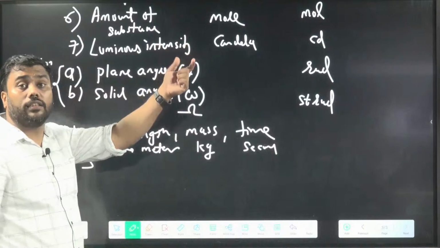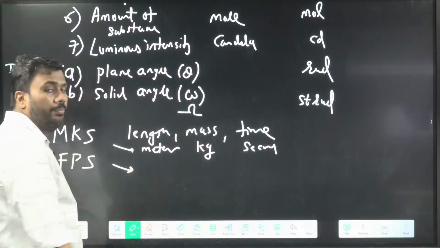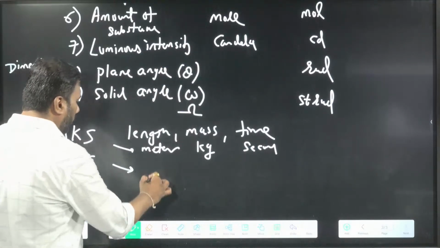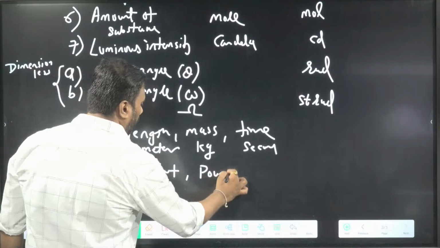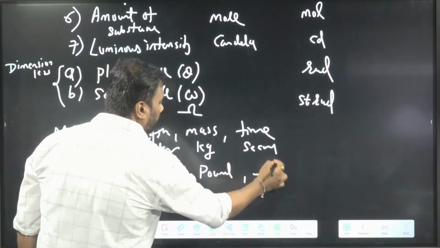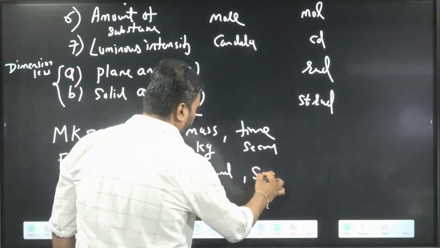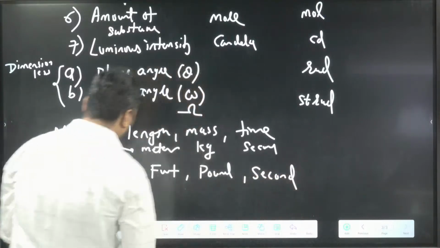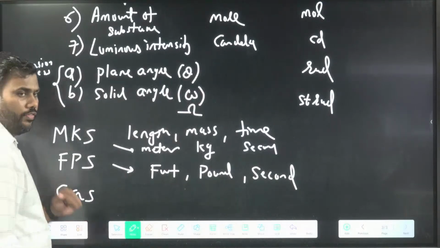So the SI system is just an extended version of the MKS system. FPS is used by British people. They were using foot or feet, then pound, and again second. Second was common in all the systems of units. And last, CGS. This was also used in France.